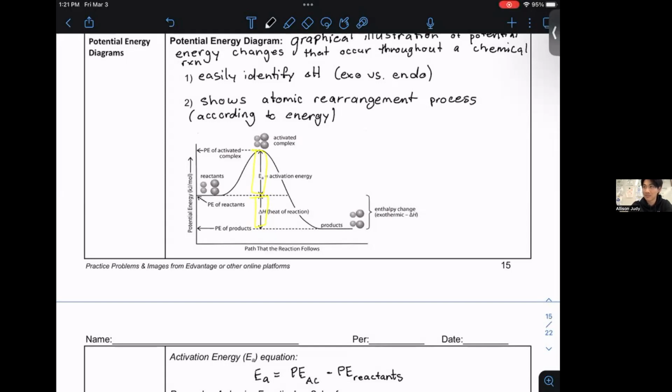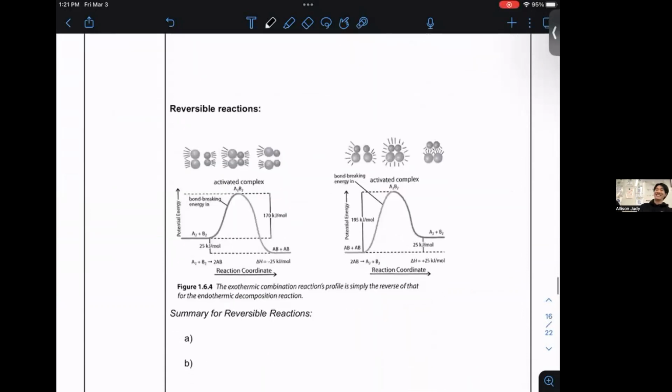Like what an activated complex is. Yeah, that's what Miss Judy was talking about with the chicken's neck. Basically there's a diagram right here in the notes, but the idea is you have two molecules hitting each other, and it's not like they all of a sudden become two separate ones.